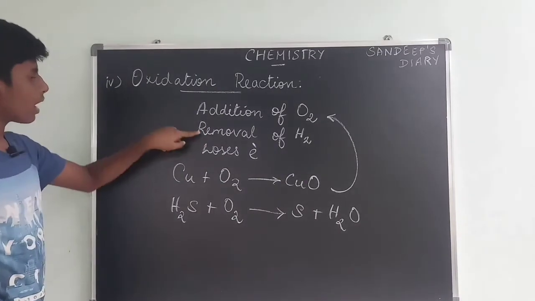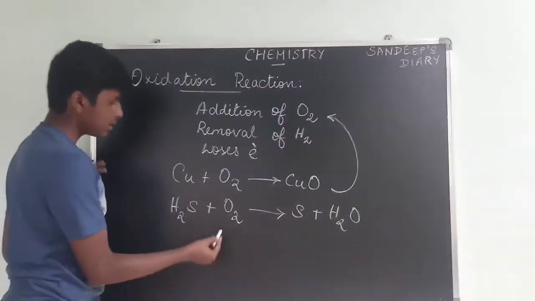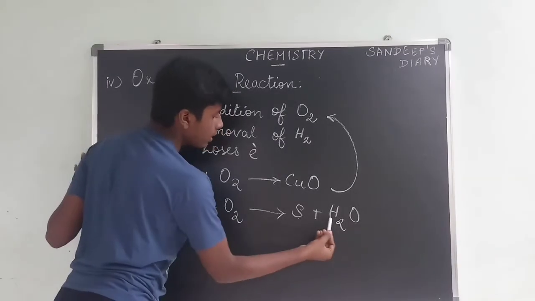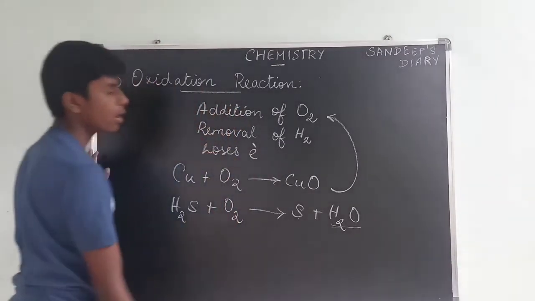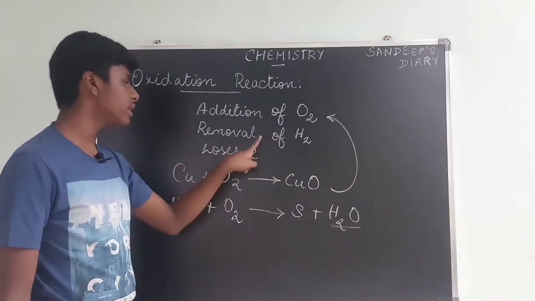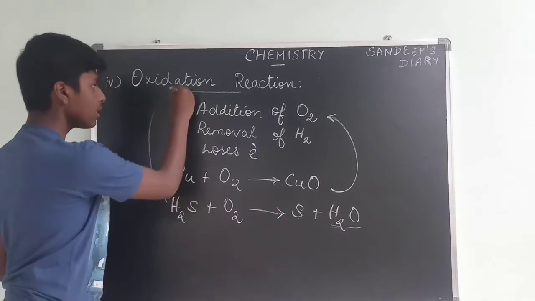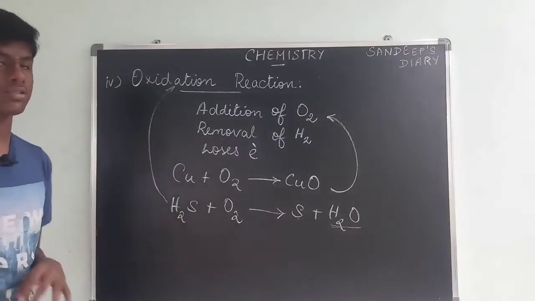Now the hydrogen is being removed from the substance. You can see sulfur is separated and water is formed. So this equation satisfies the second condition. So this is also known as oxidation reaction.